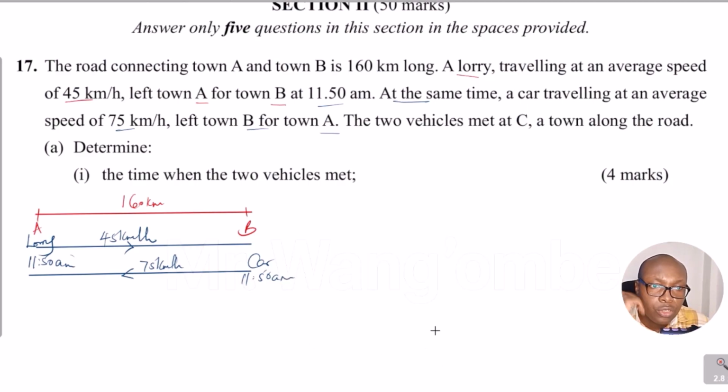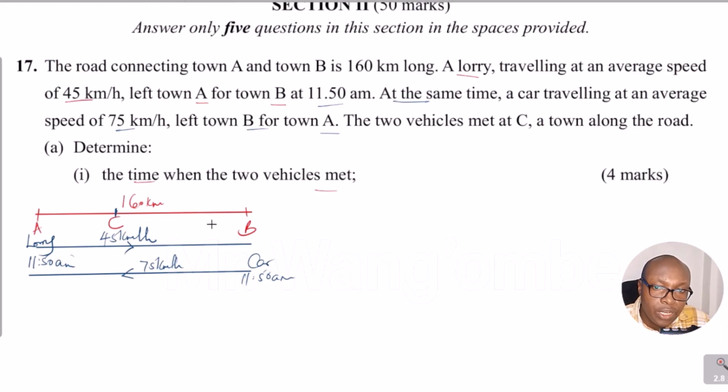Now with that information, the two vehicles met at C. C is a town, let's say somewhere there, just an approximation. They met here, a town along A and B. So determine the time when the two vehicles met.